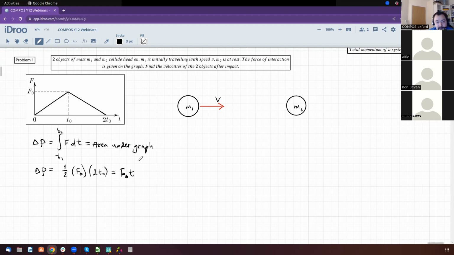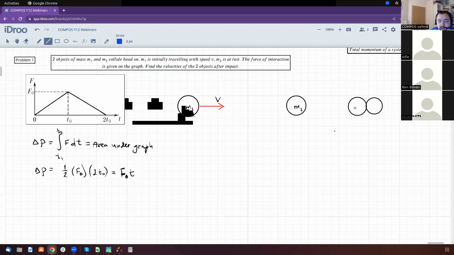Now, is it though? When they collide, the force is this way on M1, and the force on M2 is this way. So we have F1 and F2. They're equal and opposite.